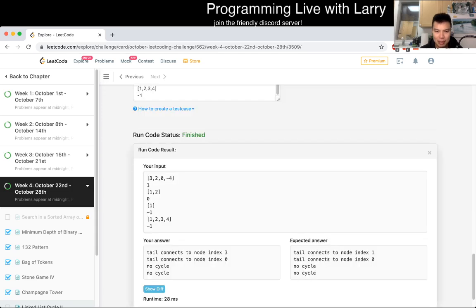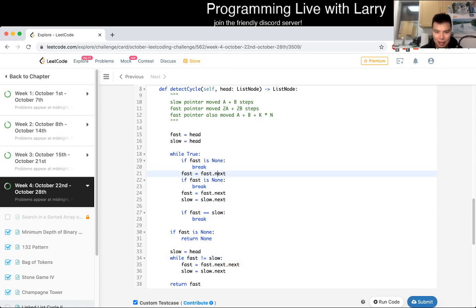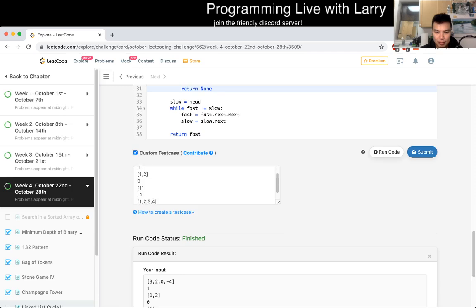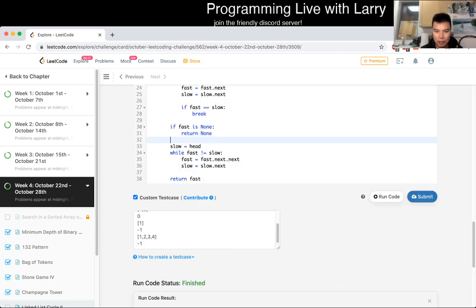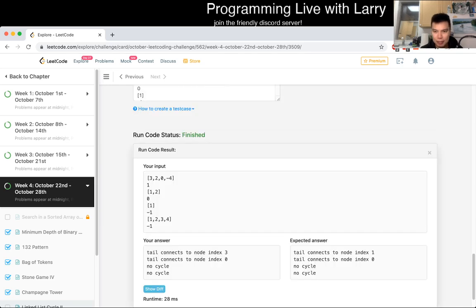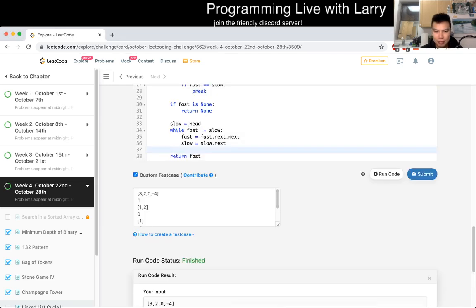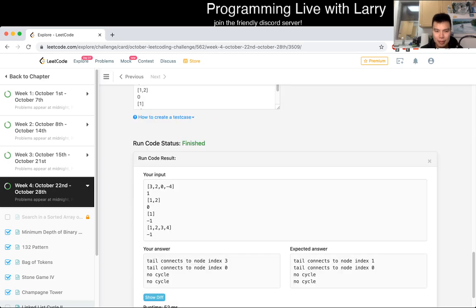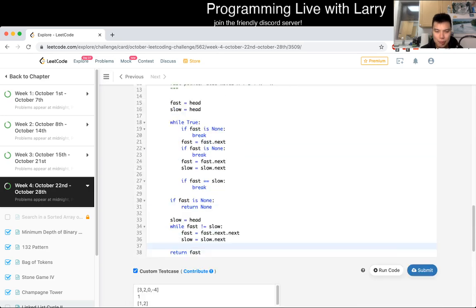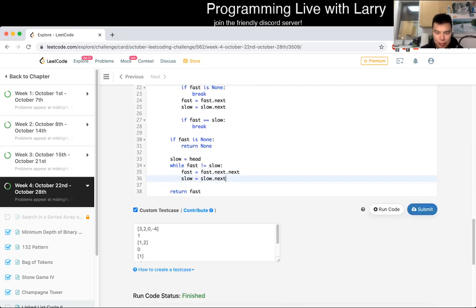So sometimes I do have this off by one thing. Yeah, because at the end of this is loop, right? Okay, what am I doing wrong?